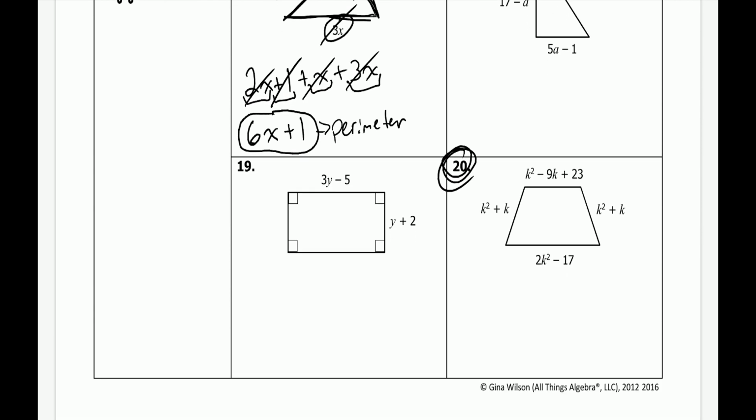Number 19. This is a rectangle. Alright? And if you remember, a rectangle has the same side lengths if they're opposite. So in other words, this y plus 2 is the same length for over here. And it's the same length for the opposite side. 3y minus 5, same length for over here.